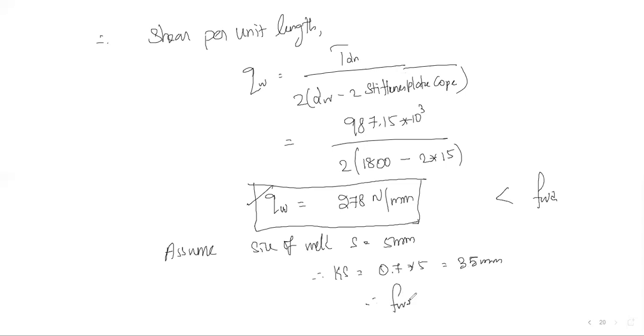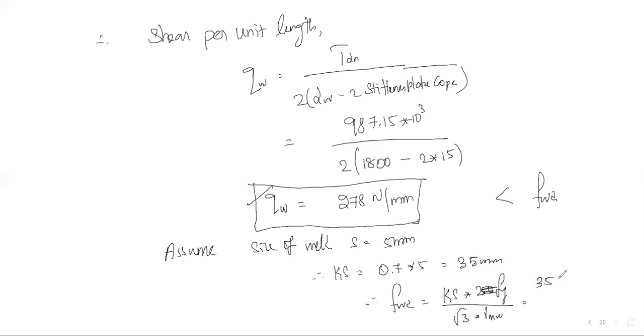Therefore, Fwd is equal to Ks into fy divided by root 3 into γmw.